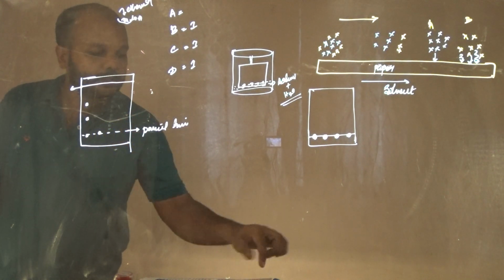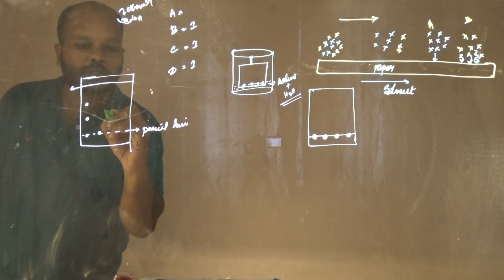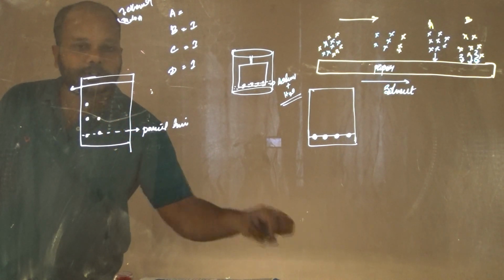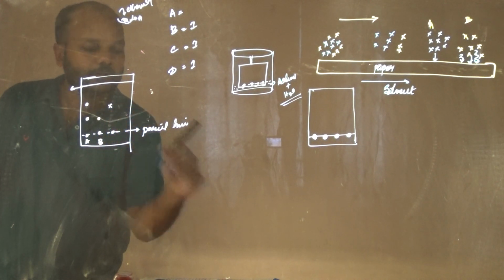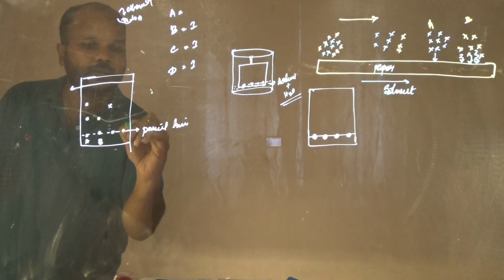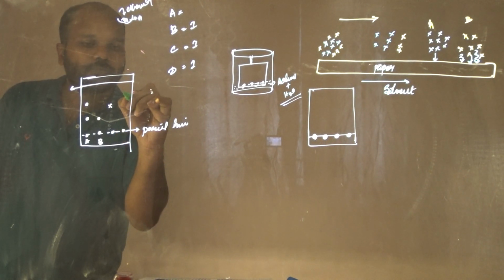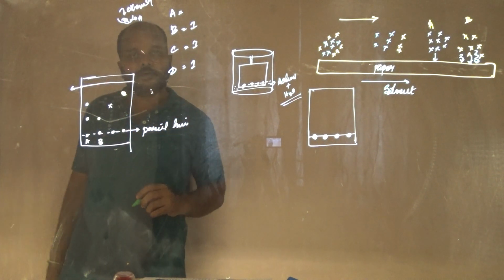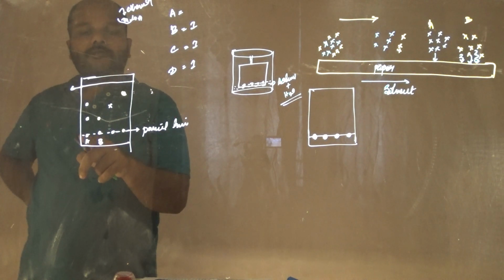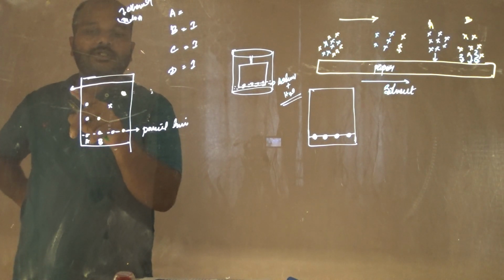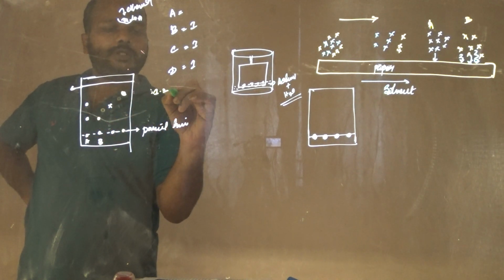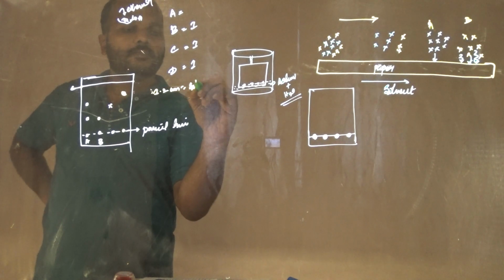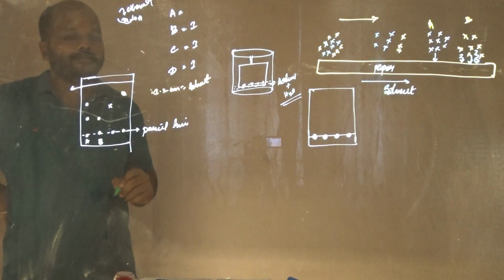Component B is up to here. Component C is up to here, and component D is up to here. Suppose from here until here is the distance the solvent traveled. Let it be 1.2 centimeters.